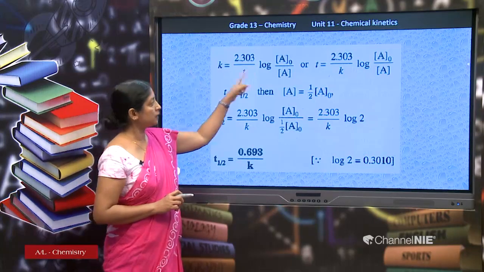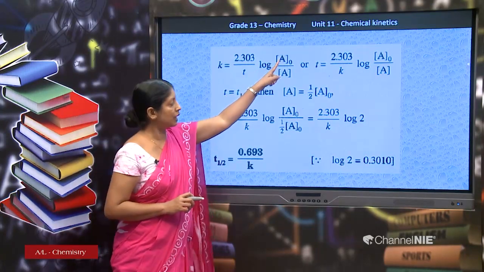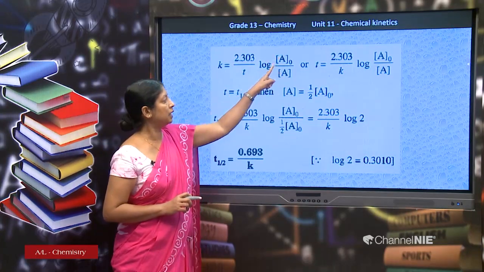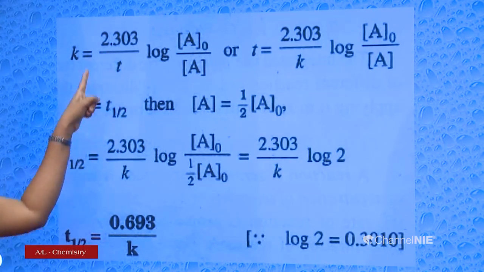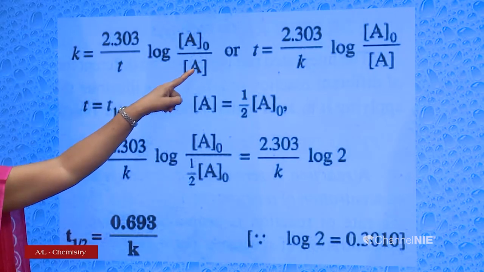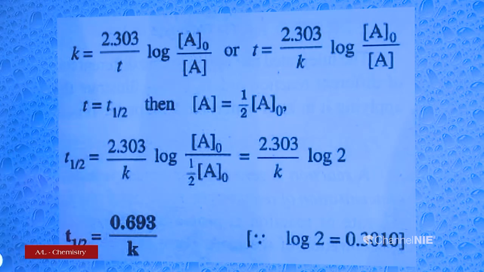So if you know this rate constant, half life means the initial concentration has to be reduced by half. We call the time T half, the initial concentration is A naught, and the present concentration will be A naught by 2. So then if you simplify this equation, you can get this answer.